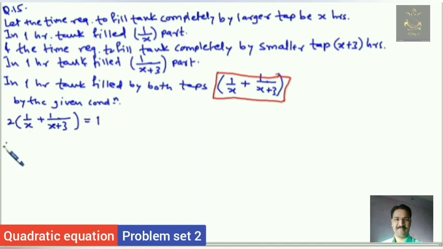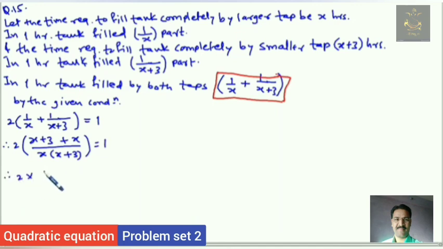Now very carefully, first of all I will multiply the bracket here. What will we get? x plus 3 ones are x plus 3, plus x ones are x, upon x into x plus 3, is equal to 1. Now straightaway simplify.